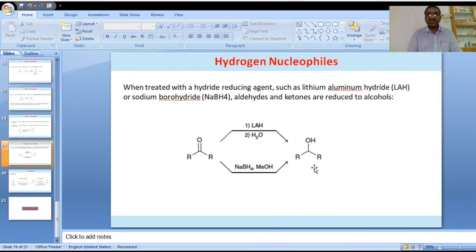This reducing agent also produces alcohol. Is it clear? In presence of these two hydride reducing agents, we get the same product, alcohol. Now let us discuss the actual mechanism of this hydrogen nucleophile reaction.